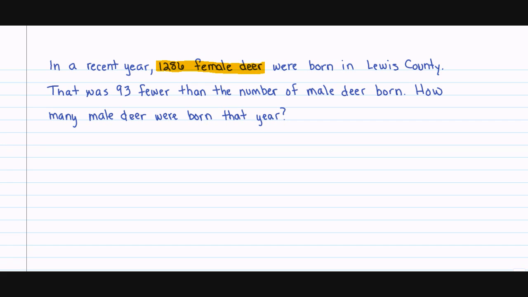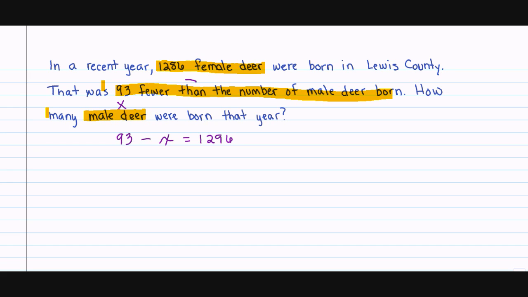1,286 female deer born, and I also know that's 93 fewer than the number of male deer born, and they want to know how many male deer. 93 fewer male deer equal 1,286.